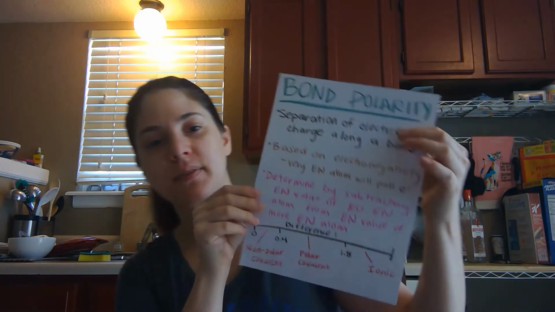That more electronegative atom will start to develop something called a partial charge. It'll be partially negative because there's a greater amount of electron density by it, whereas the other atom will start to become partially positive because there's less electron density over there. This is called a dipole moment, also just bond polarity.